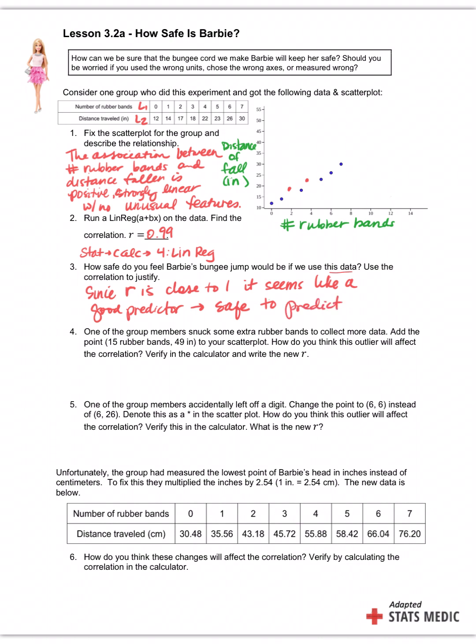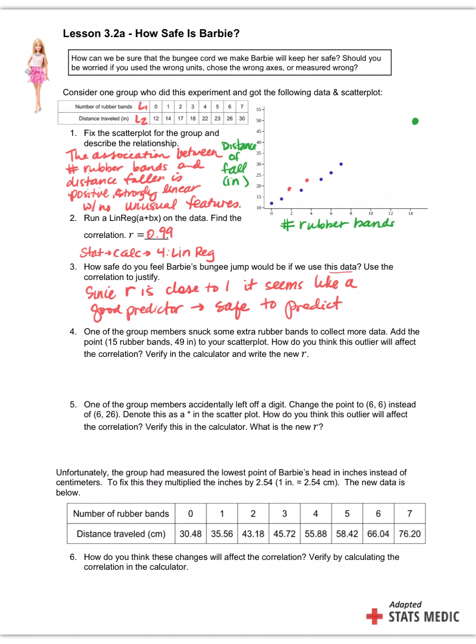Now, let's say one of the group members snuck in some extra rubber bands to collect more data. So it says add the point 15 rubber bands and 49 inches to our scatter plot. So 15 rubber bands, 49 inches would be way up here, wouldn't it?